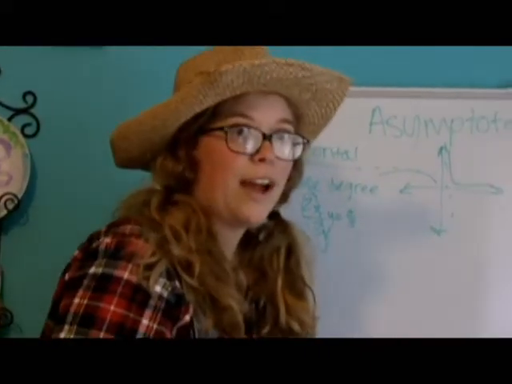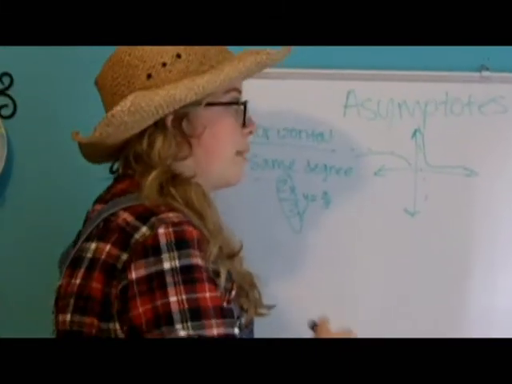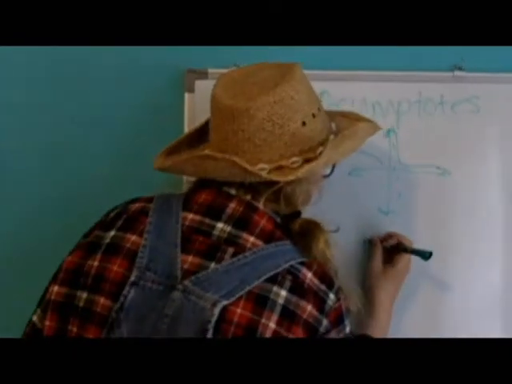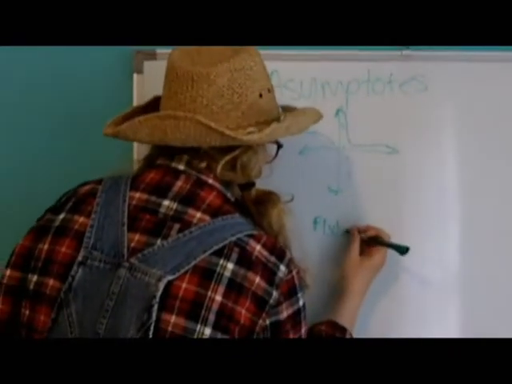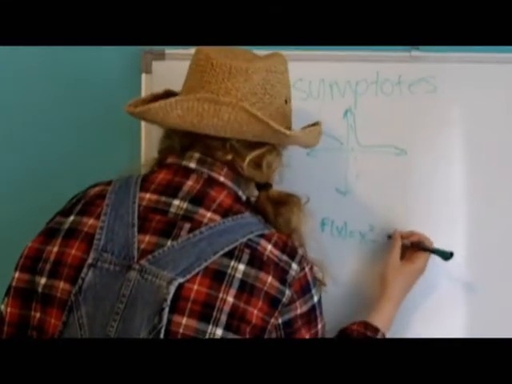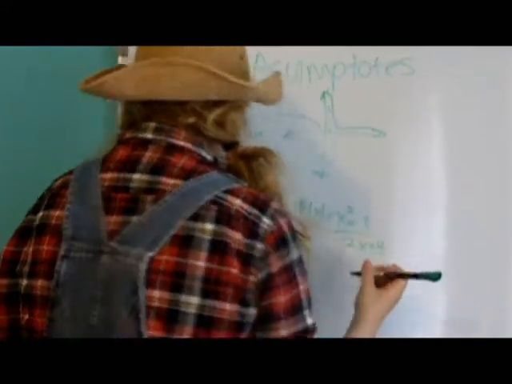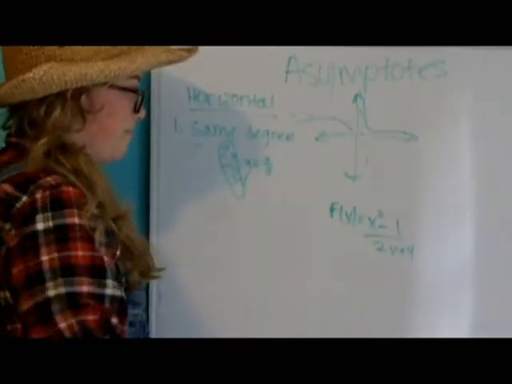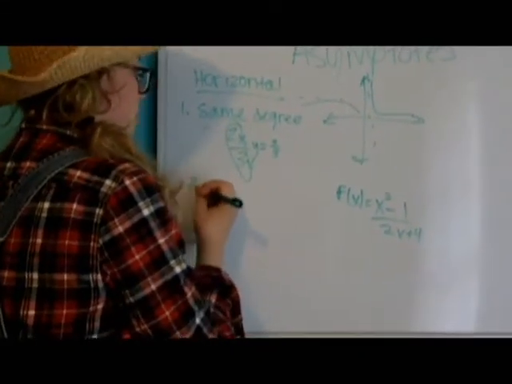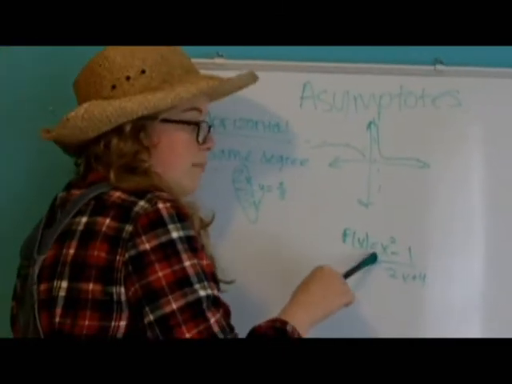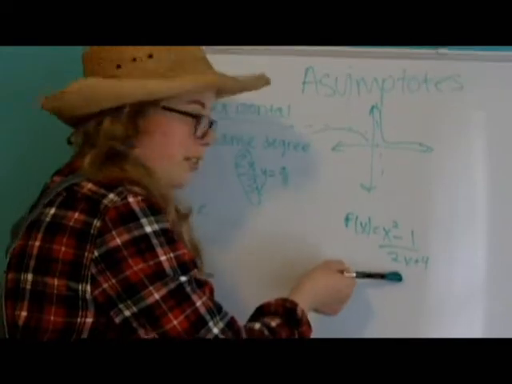For the next one, I'm actually going to use the problem that we'll use for the vertical asymptotes. So, if f of x is equal to x squared minus 1 over 2x plus 4, find the asymptotes. So the second choice is going to be if the degree on the top is bigger than the degree on the bottom.